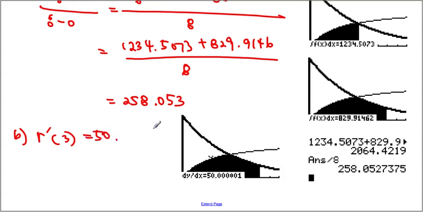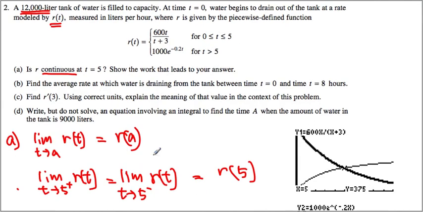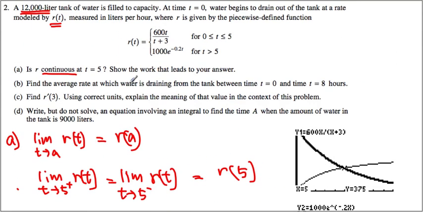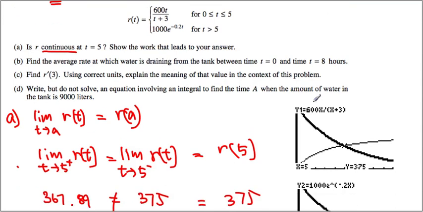Now, when you look into this one, correct unit. So basically, what we're looking at is liters per hour, and then we're dividing it by another time. So we have liters per hour, which means per hour squared. Now, explain the meaning of the value in the context of the problem.